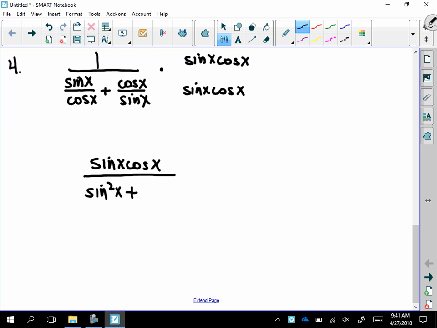And then I'm going to take cosine over sine times this common denominator, and the sines would cancel, and I'd be left with cosine times cosine, which is cosine squared. And it turns out that in the denominator, I'm left with sine squared plus cosine squared, which is 1. So I just get a numerator, which is sine cosine.